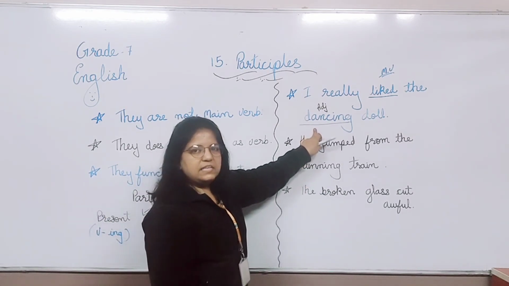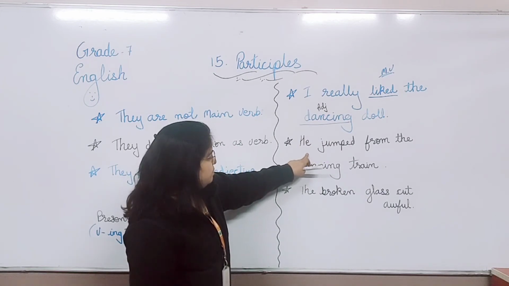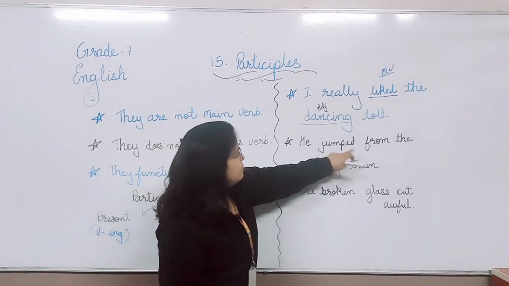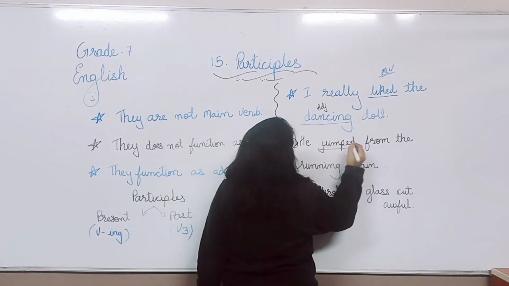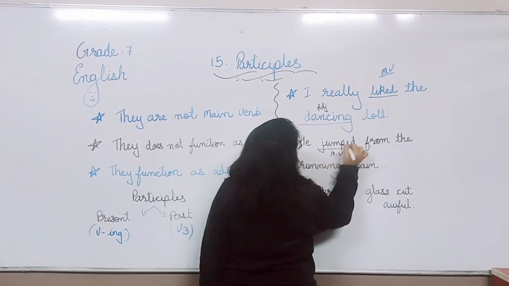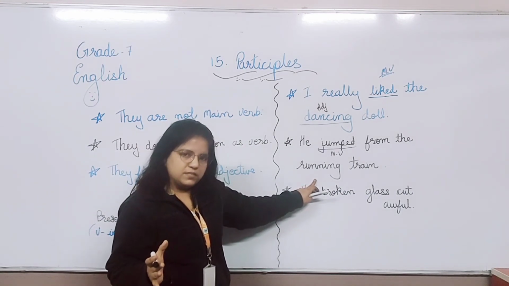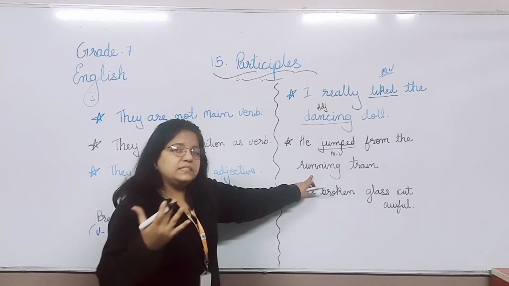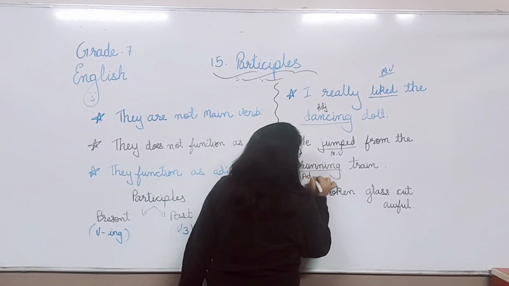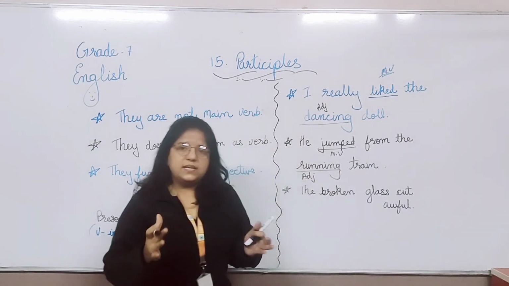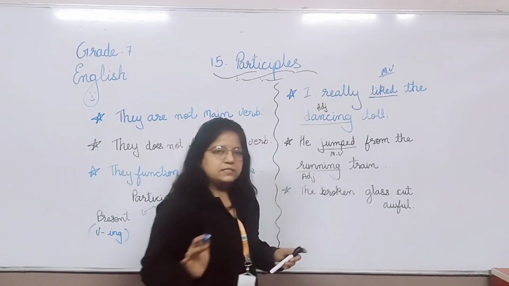So this dancing is present participle. Let's understand one more. I jumped from the running train. Here also main verb is jump, and running here is a present participle. Now as it describes the train, so it works as an adjective, right? And it is present participle.